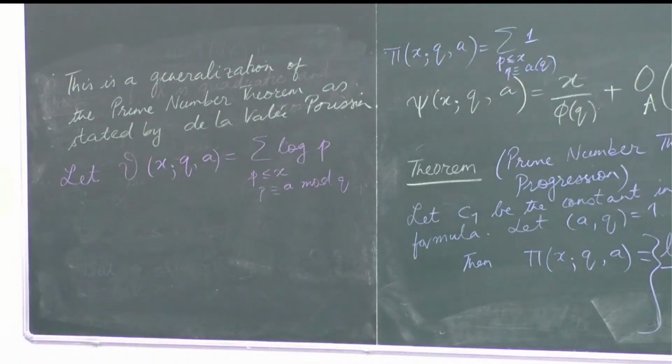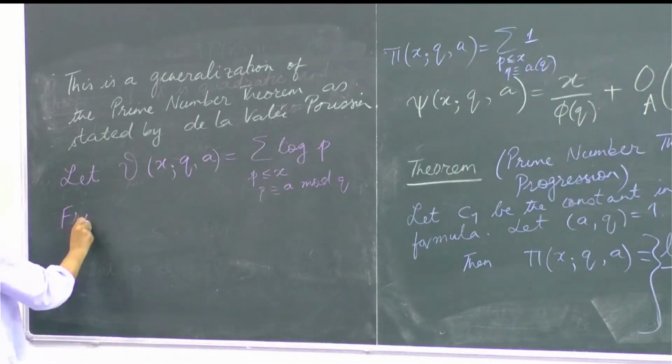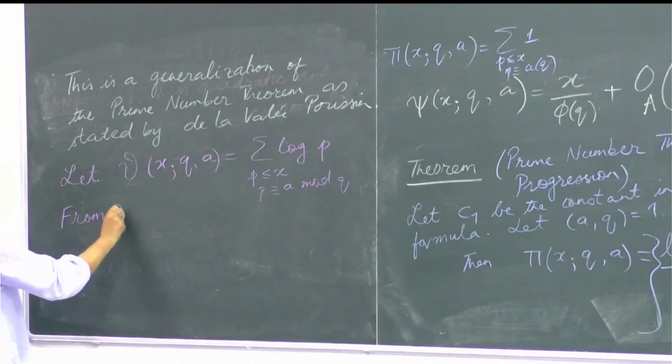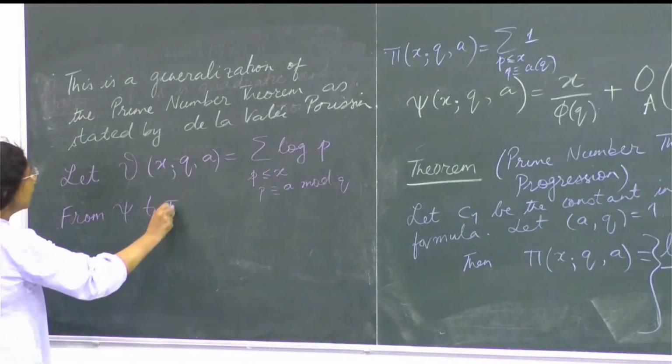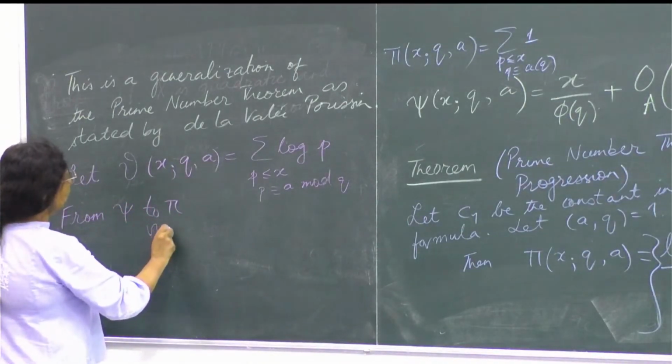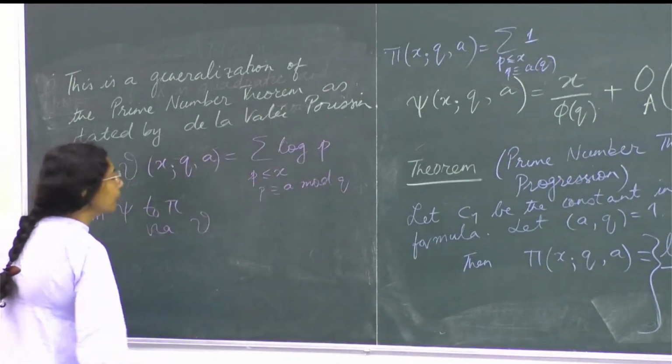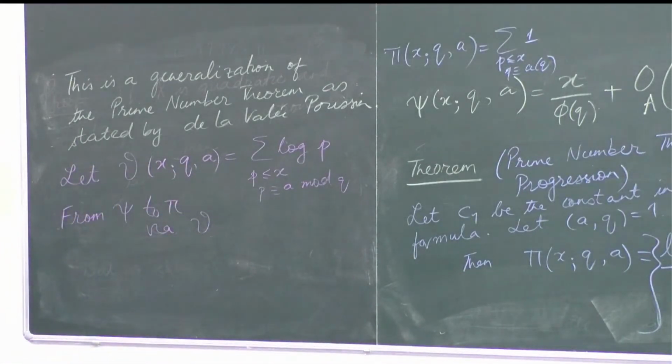So you can integrate the Siegel-Walfisz theorem by parts, and you imitate the proof of, so pi of x, how do you come from psi to pi? So you do this via theta. Okay, so maybe you can do that yourself.